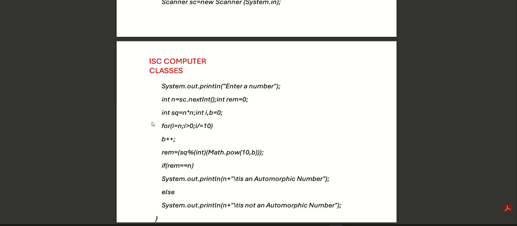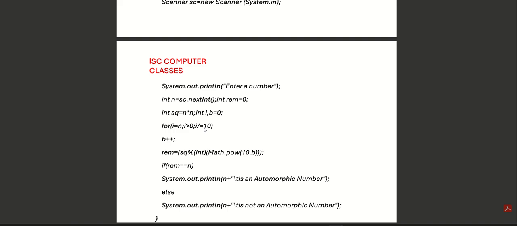So we start the for loop with int i is equal to n. In i there is the value of n, i is greater than 0, i is equal to i divided by 10. Suppose n, the number entered by the user, is 25. Here 25 is greater than 0, yes, so b plus plus. In b there is the value 0, but after the iteration it will be 1, and i is equal to i divided by 10.